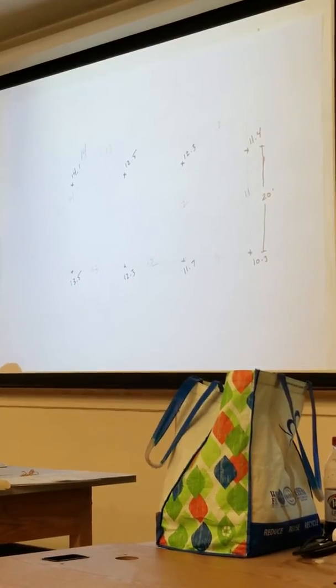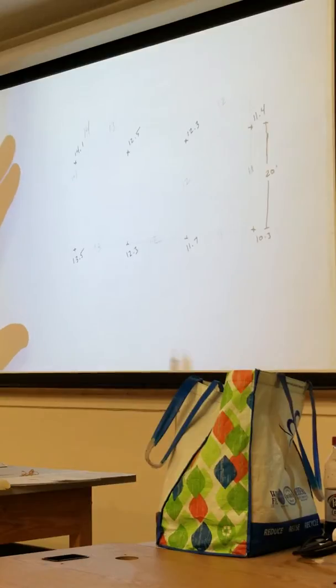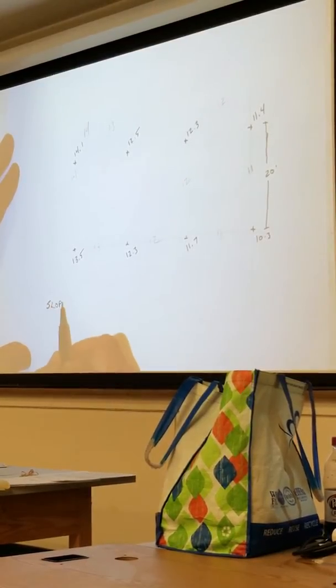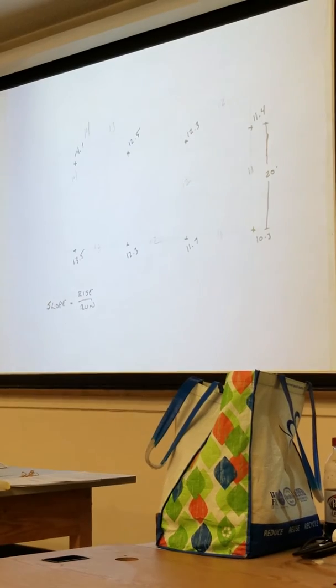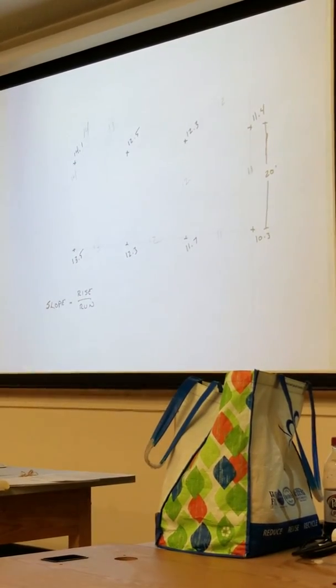Okay, so now here's the math. Slope is equal to rise over run. This is algebra, back to algebra.